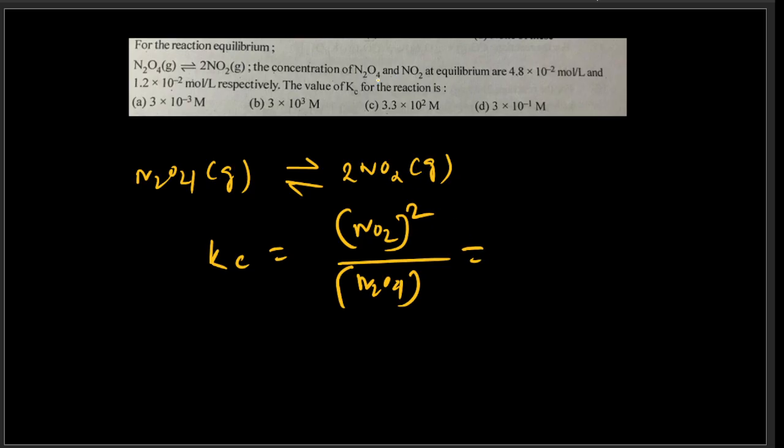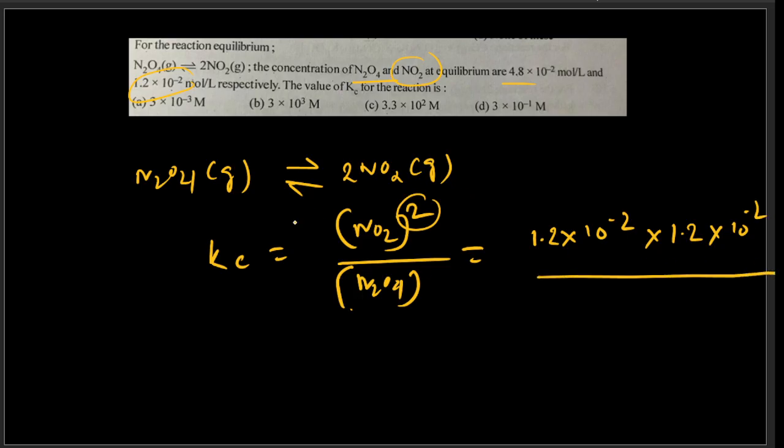The concentration of NO2 is 1.2 into 10 raised to minus 2, taken 2 times because of the power, and N2O4 is 4.8 into 10 raised to minus 2. So this cancels.